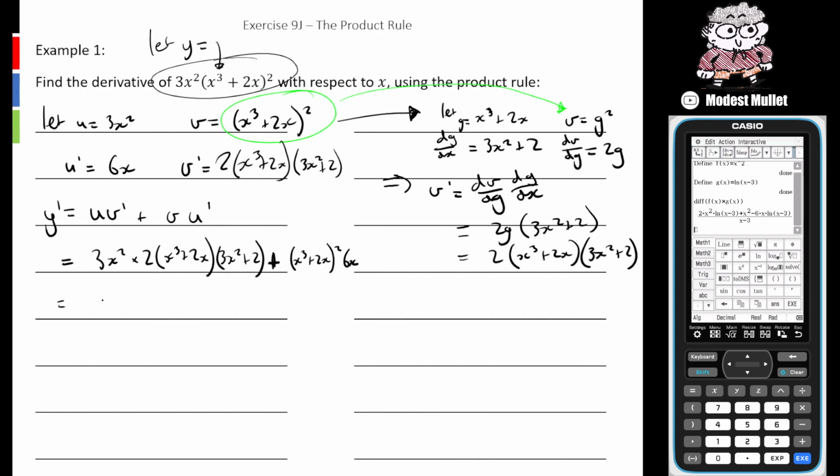Let's simplify that a little bit, which gives us 6x squared, x cubed plus 2x, 3x squared plus 2, plus 6x, x cubed plus 2x all squared. Again, still not nice, and if we expand this all out, we could get into polynomial form, but it's just showing that we can use the product rule.